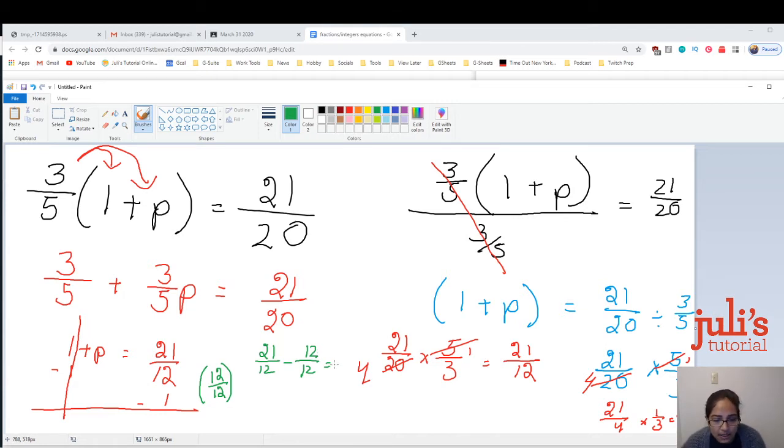And the bottom stays the same. Nine over 12. So now we're left with p equals 9 over 12, which can be simplified by 3 over 4. P equals 3 over 4.